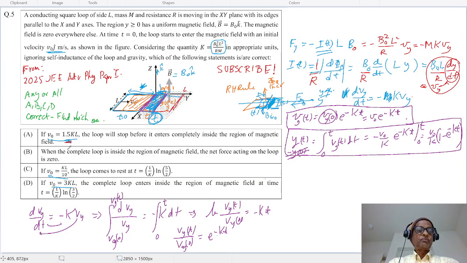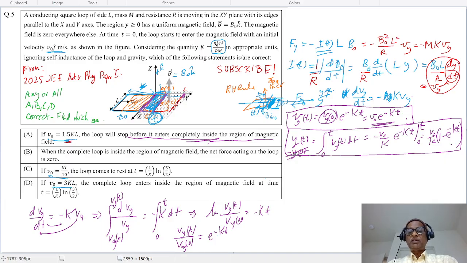And one of these says, oh, well, the loop will stop before it enters completely inside the region. So one of them is to compare whether this speed makes it all the way there or not. So let's figure out, because if you can eliminate this thing, we can write that in terms of y.